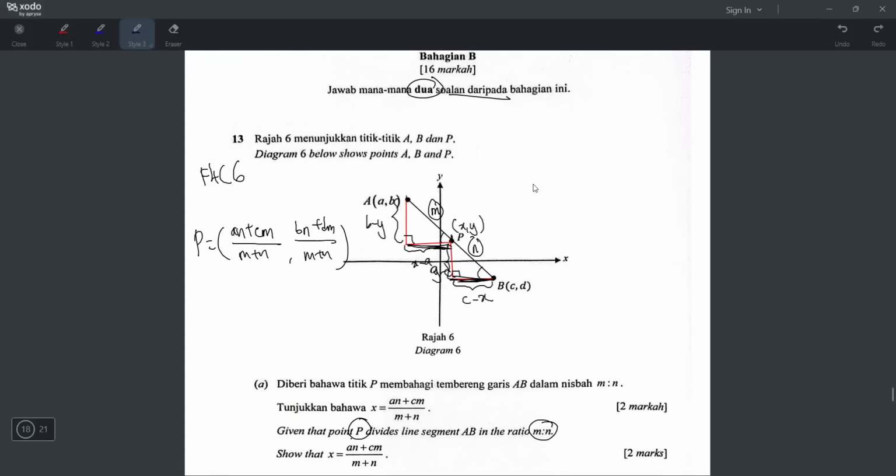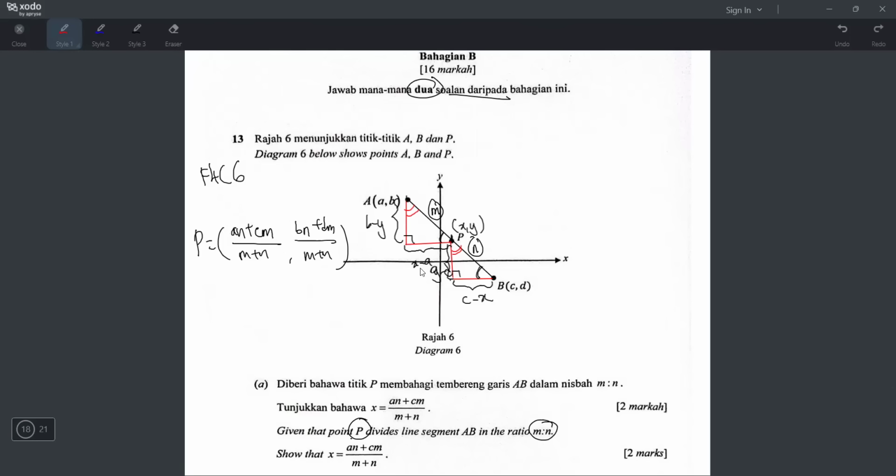You learned this before in Form 1, 2, 3. So the top angle is also the same with this. That means these two triangles, even though they are not the same size, are similar. What do I mean by similar? I mean they are enlargement images of each other.